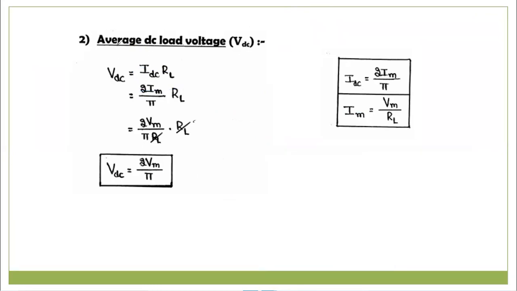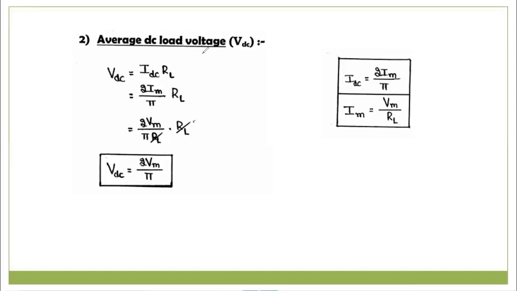The DC parameter is the output voltage, that is the average DC load voltage. What is the DC load voltage across the load? Here I have considered a resistive load. There are different types of loads, resistive load, inductive load, but in this mathematical expression I consider the load to be a resistive load.